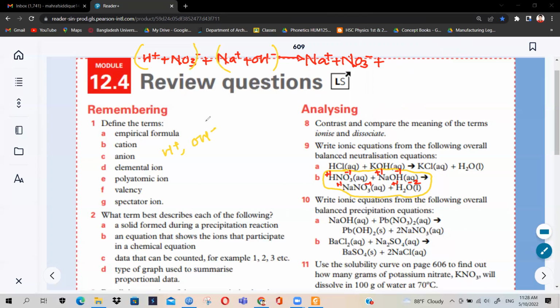So although it seems like there are two hydrogens and one oxygen, it's better to write it like H plus, OH minus. Because rather than thinking that oxygen ion and hydrogen ion are working, it's the hydrogen ion and hydroxyl ion that are working. So that is more appropriate.